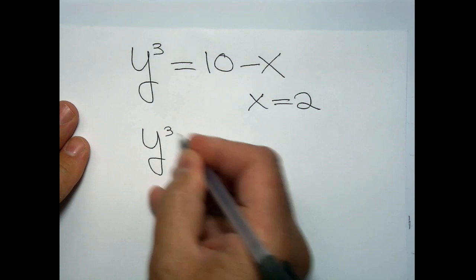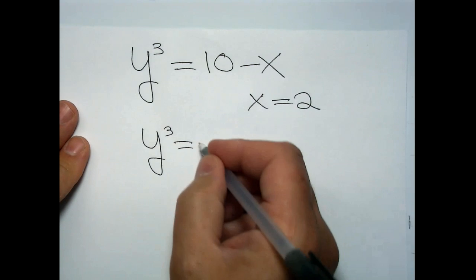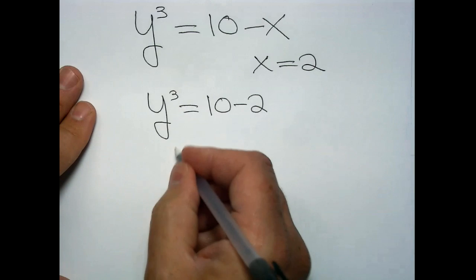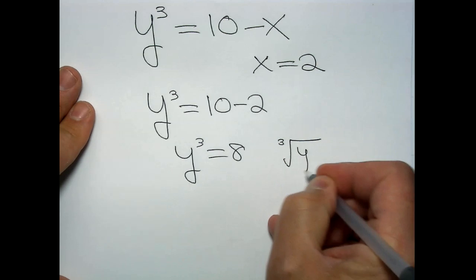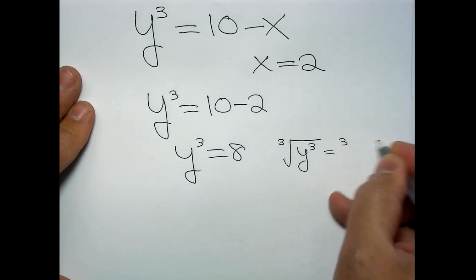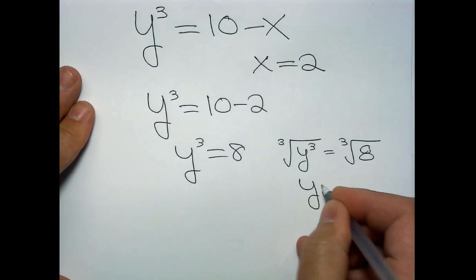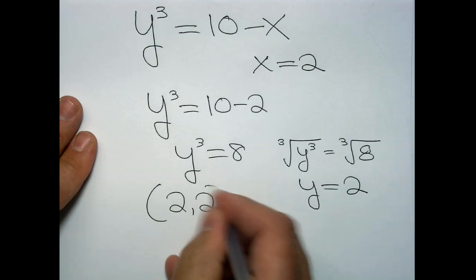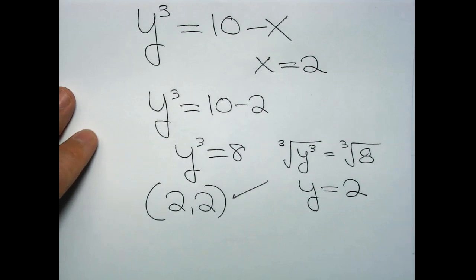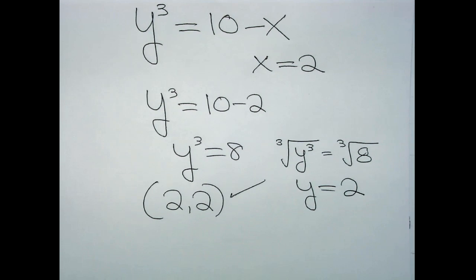So y cubed is 10 minus 2. Y cubed is 8. Take the cube root of both sides. There is no plus or minus when you do that, by the way. And there is one and only one value of y. That's 2. So we get (2, 2). And you can try any value of x that you like. You will always get just one corresponding value of y.